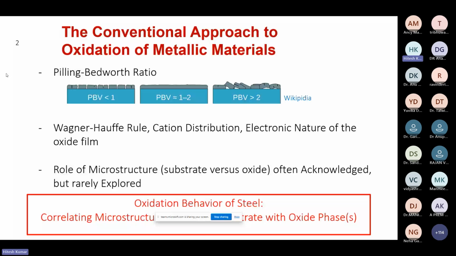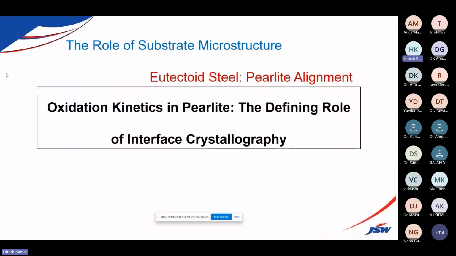In the role of microstructure, we chose two different steels. One is the interstitial free steel. If people may know, interstitial free steel is a structure having interstitial atoms in ppm, like carbon and nitrogen.